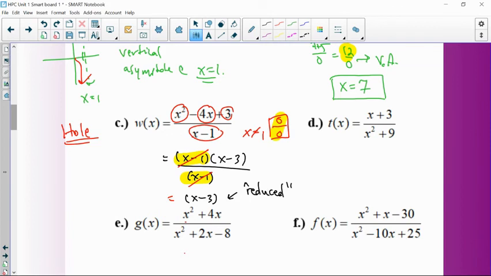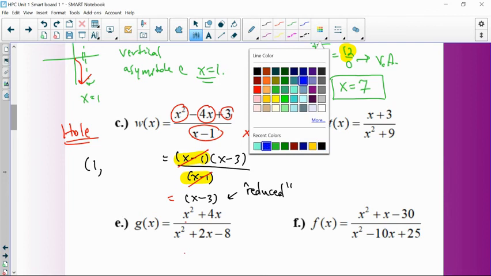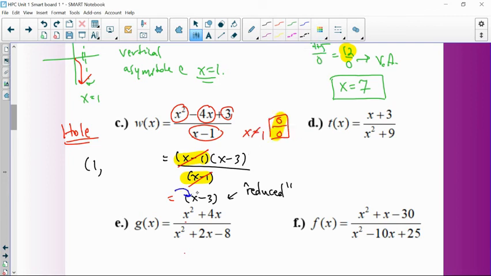And what you can do to obtain the hole is, since we crossed out this x minus 1, we know that 1 was the issue. Since that was x equals 1, I know the x-coordinate of that hole will be 1. And what you can do is take that 1 and input it into the reduced function. So now my reduced function is x minus 3.